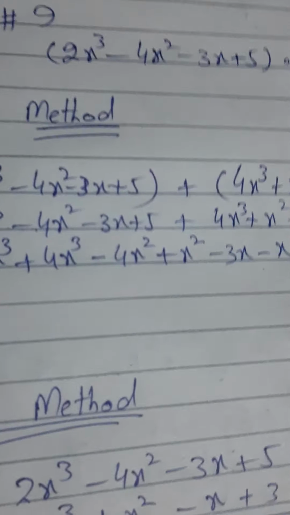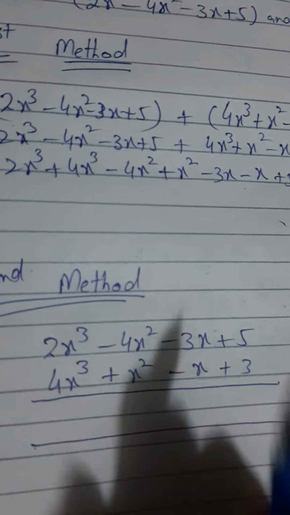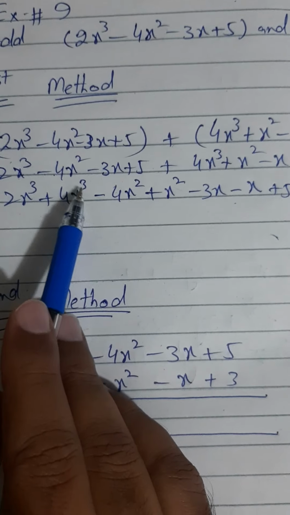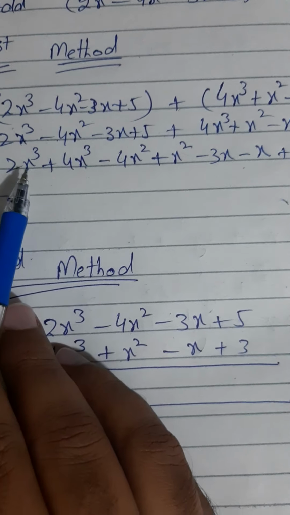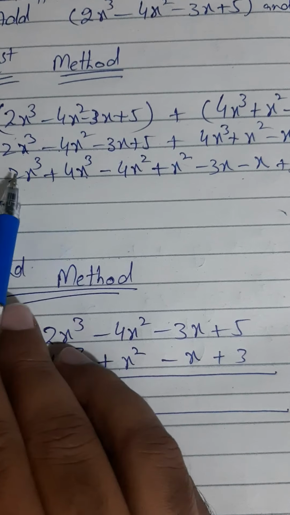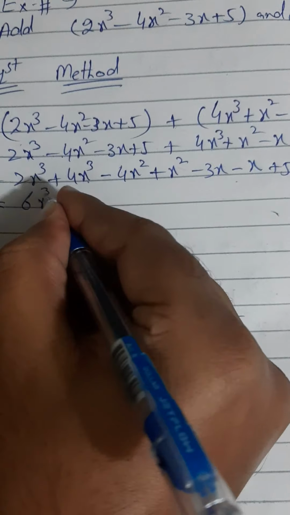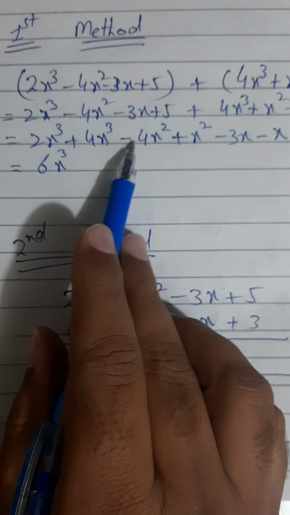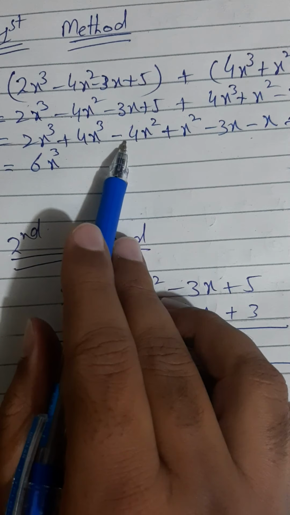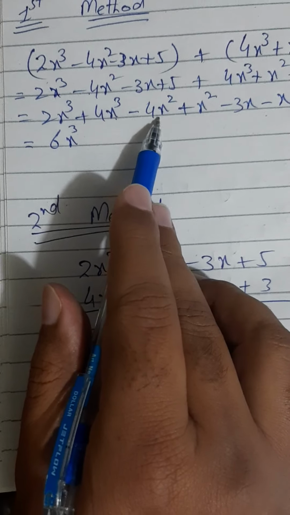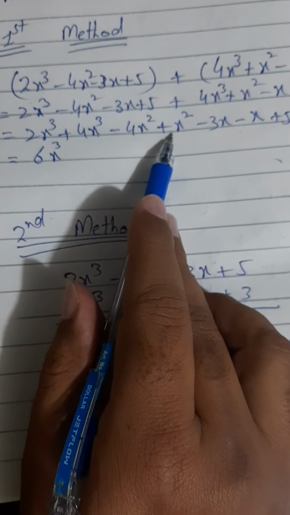Now you know that when variable and exponent are the same, before adding or subtracting we just add the coefficients. So 2 and 4, when we add both numbers we get 6, so 6x cube. Now in the second term, x square, in the first term there is minus 4 coefficient and there is positive 1 coefficient.